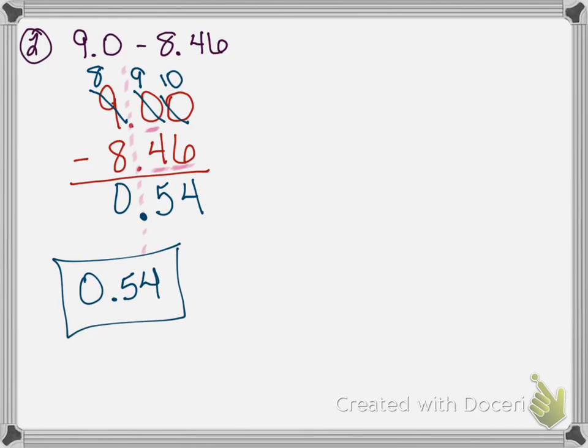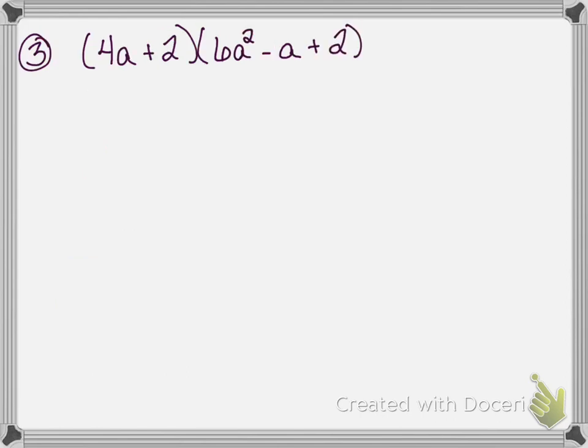Okay, so number 3, we are multiplying a binomial times a trinomial. So the first thing that I have to do is take 4a and multiply it times every single thing in this trinomial. So I've got 4a and I am multiplying that times 6a squared.